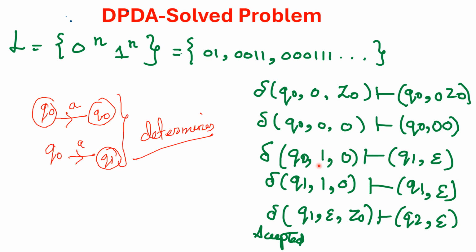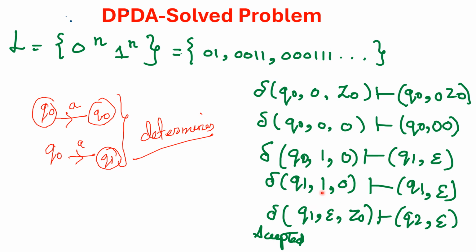If the input is 0 and the stack symbol is 0, they are the same character, so we push. If they are different, you have to change the state also and pop. Again you read one more 1, the stack symbol is 0, so you pop, still in the same state.